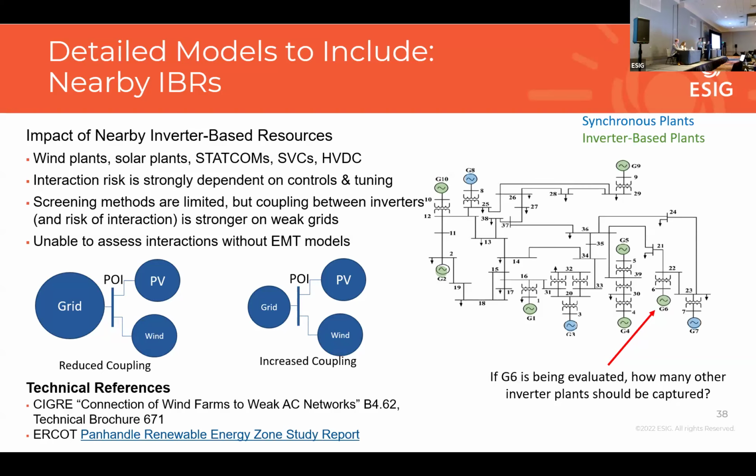And we have to think about this not only in steady state, but also considering outage events, N-1 and N-1 events. So if we take out some of those lines connecting this bottom right cluster to the rest of the system, then they look like they're going to be almost radial, connecting through to the main system. So we can think that there's going to be pretty strong coupling between those plants. So we should probably model all of those in the bottom right corner.